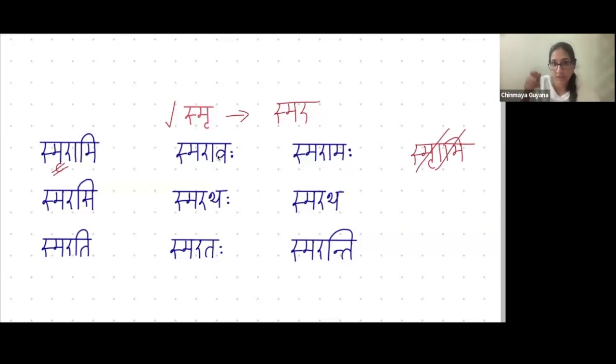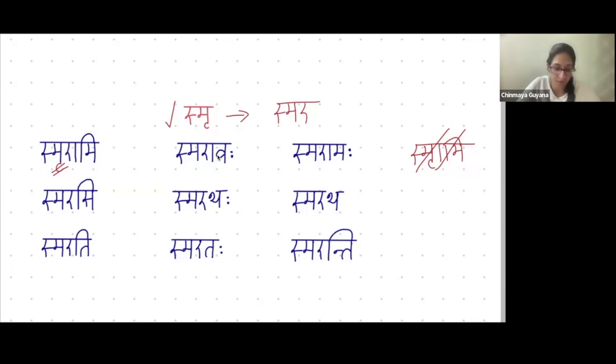Make sure if a verb has a different verb base, you use that verb base in your conjugation. Smarami, smaravaha, smaramaha. Smarasi, smarathaha, smaratha. Smarati, smarataha, smaranti. Verbs have nothing to do with nouns.